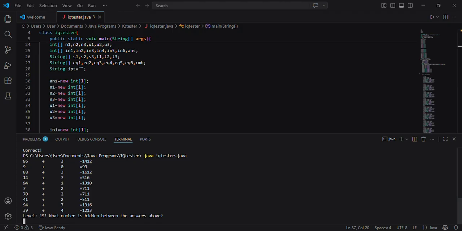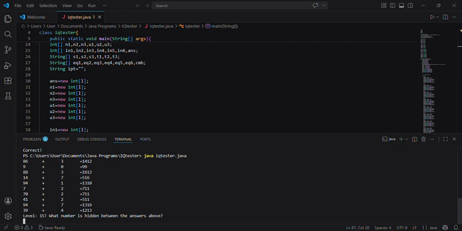If we take the first line, 86 plus 3 is equal to 1412. 8 plus 6 is equal to 14. Then what applies to 3 to give 12? Maybe 3 plus 9 is equal to 12. Might be 3 multiplied by 4 is equal to 12. No, we'll see on the next line.